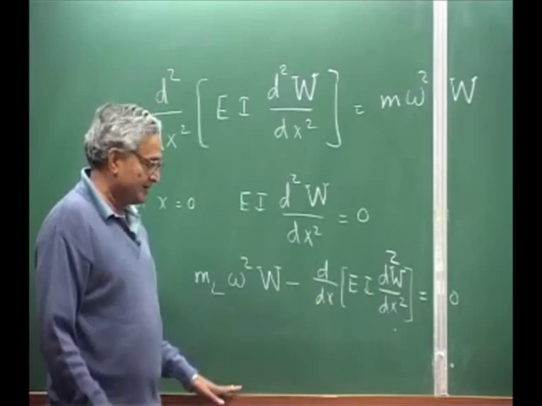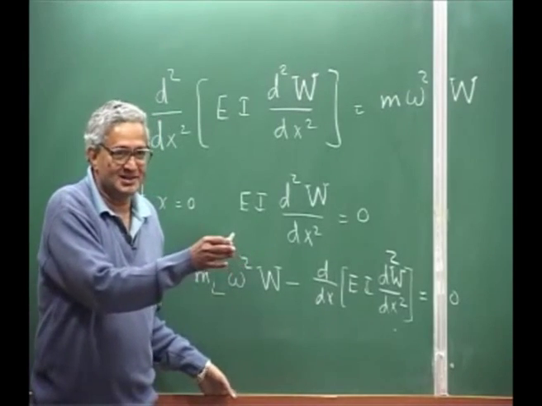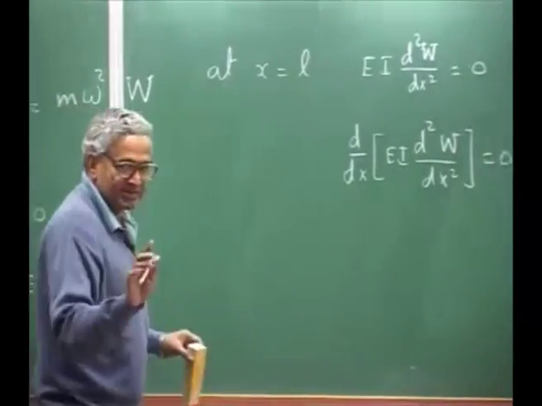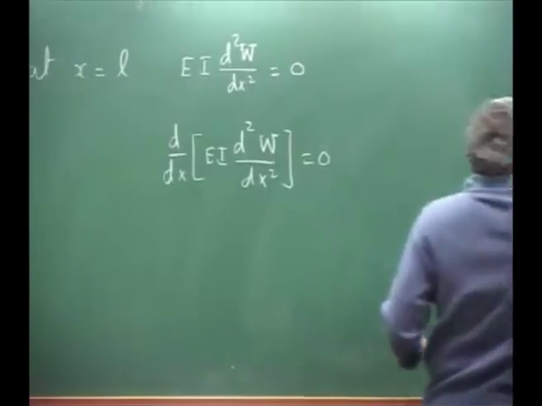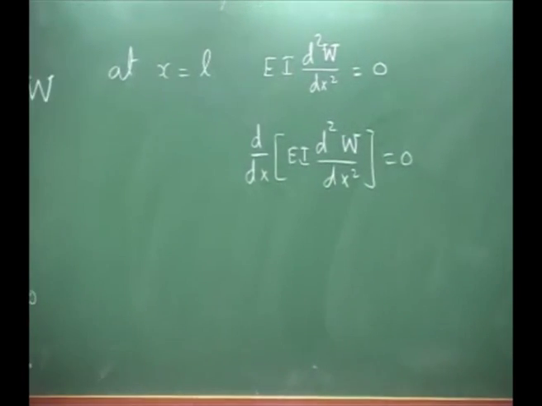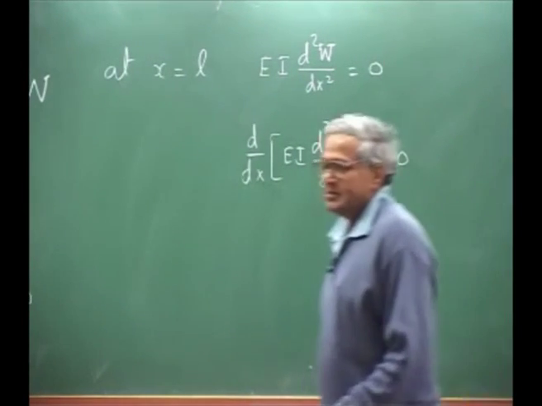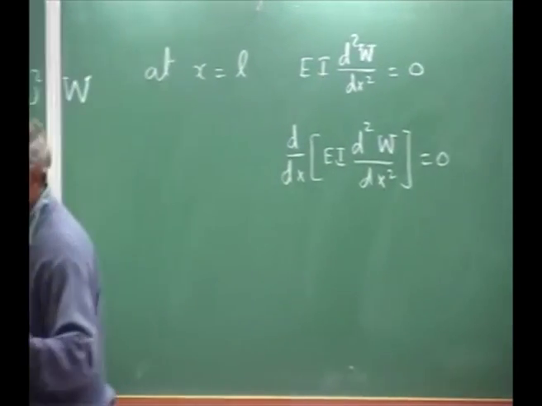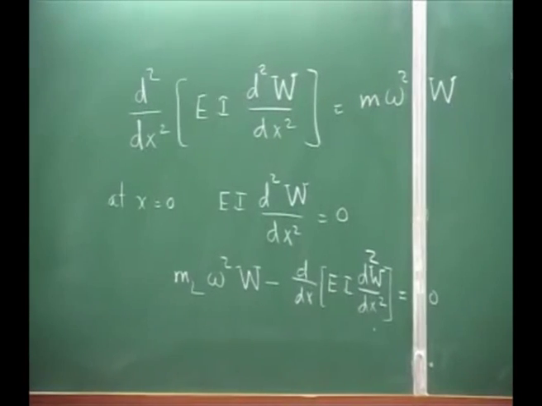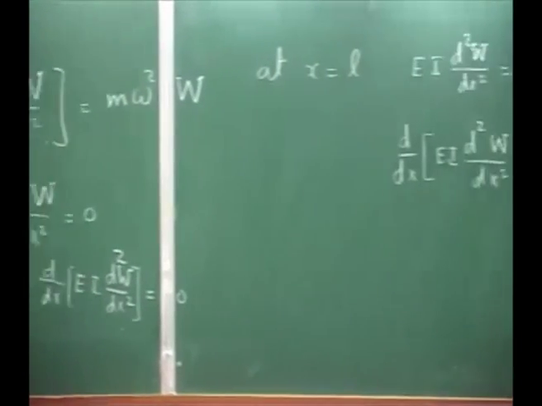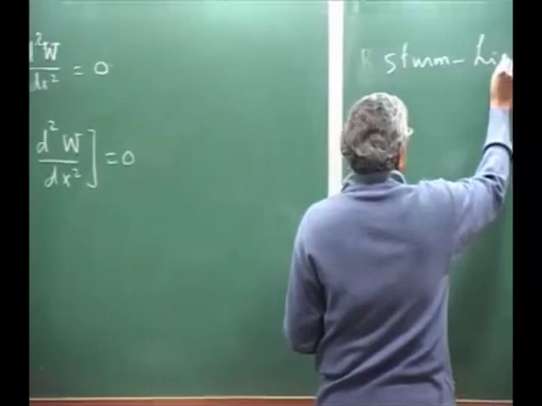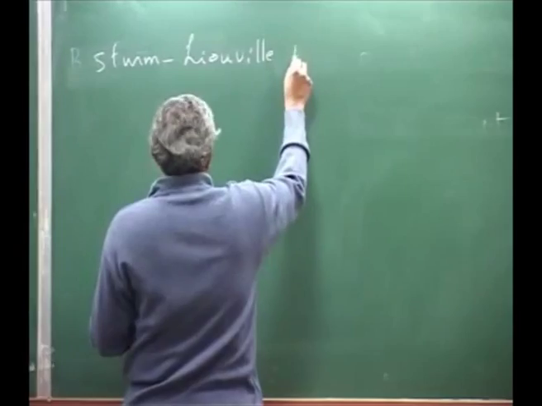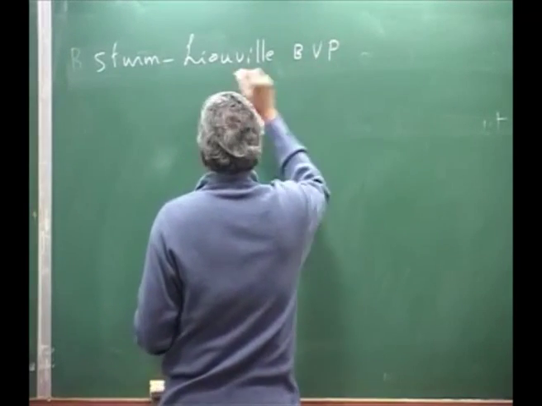But there is a class of problem, which I'll just briefly mention and will not get into the details of. That is the order 2; this is order 4. This is a boundary value problem.